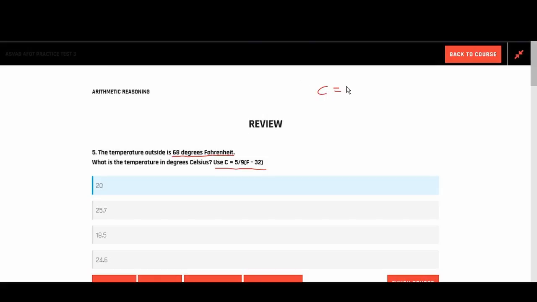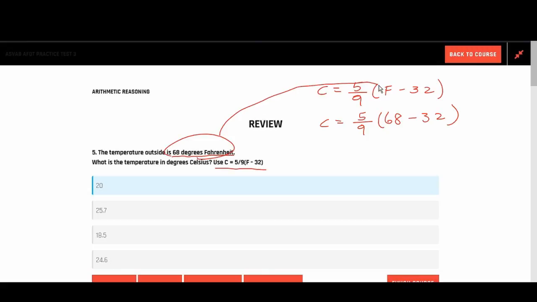Again, the formula is Celsius equals 5/9 times Fahrenheit minus 32. We're told that the degrees in Fahrenheit is 68, so 68 minus 32. Again, I just took what was given and plugged it in for Fahrenheit.